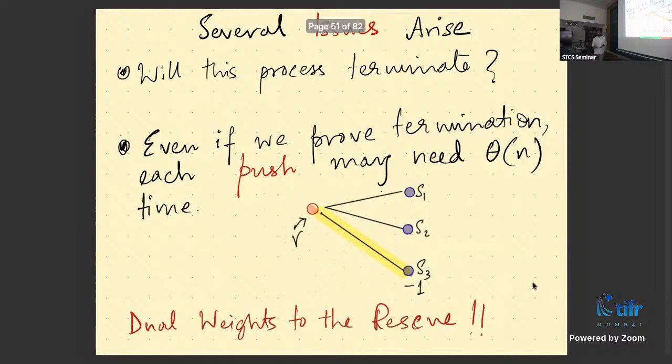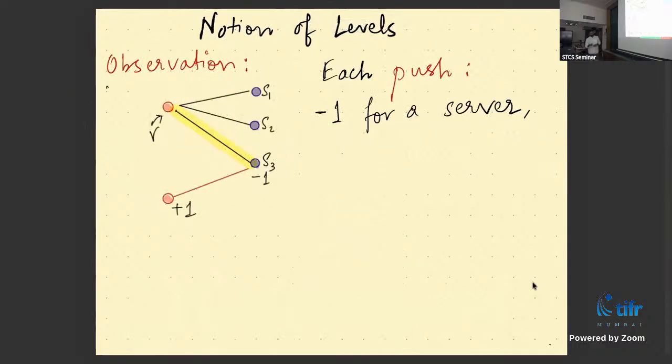Okay. So here is where the dual weights come to our rescue. Remember what we said: whenever we push, we have a decrement of 1 for some server.